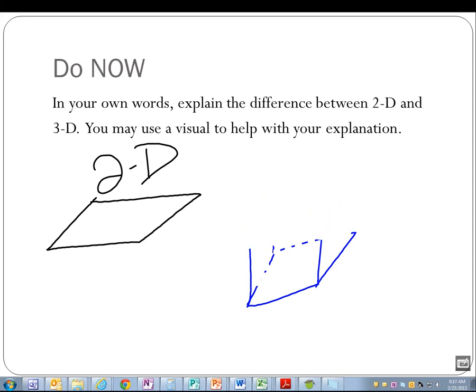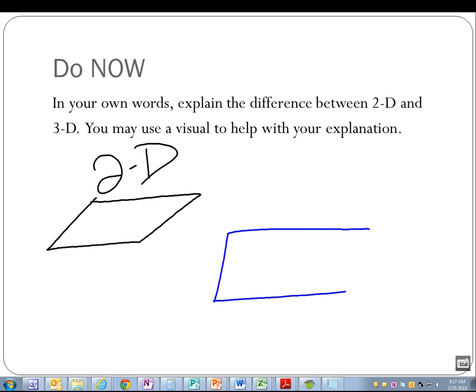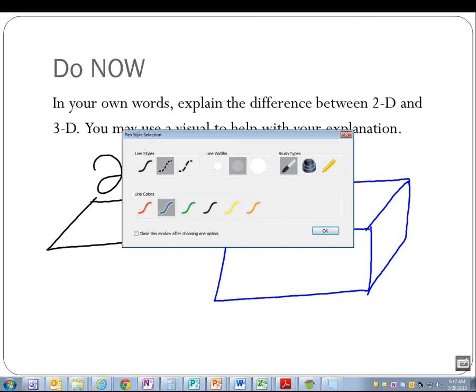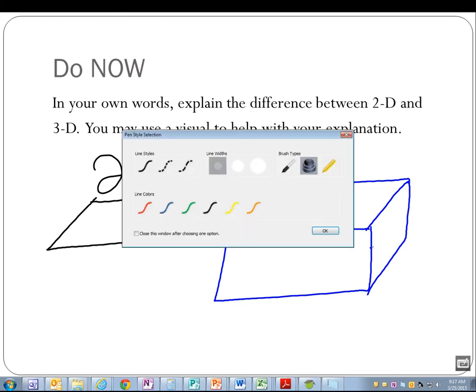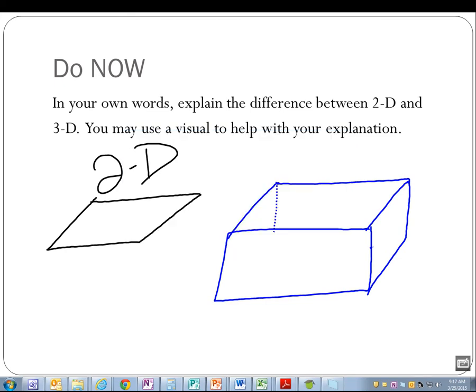I can do better than that. I'll do a rectangle. There we go.